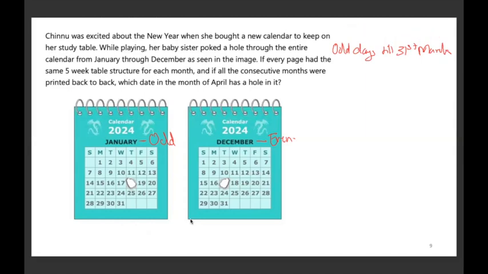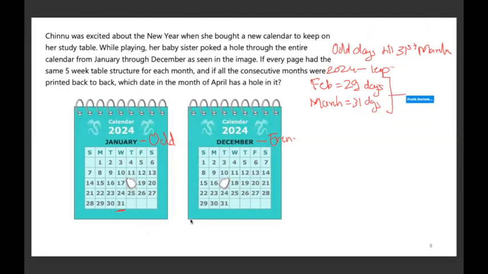In this case, we know 31st January falls on a Wednesday. So we are not worried about the January month. 2024 is a leap year. Being a leap year, the February month will have 29 days. March will have 31 days.